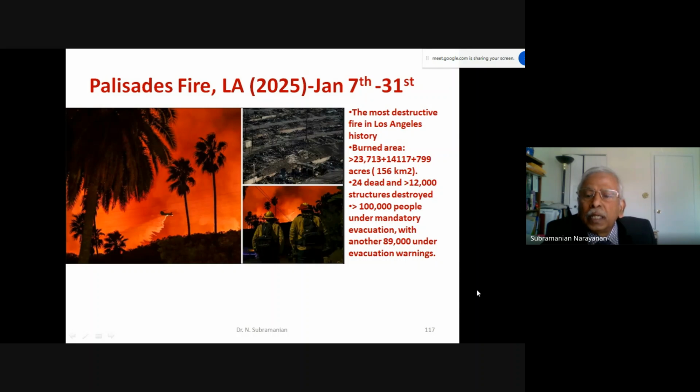It burnt an area of 23,713 plus 14,117 plus 719 acres, 156 square kilometers, with 24 dead and 12,000 structures destroyed, and more than 1 lakh people under mandatory evacuation, with another 89,000 under evacuation warnings.